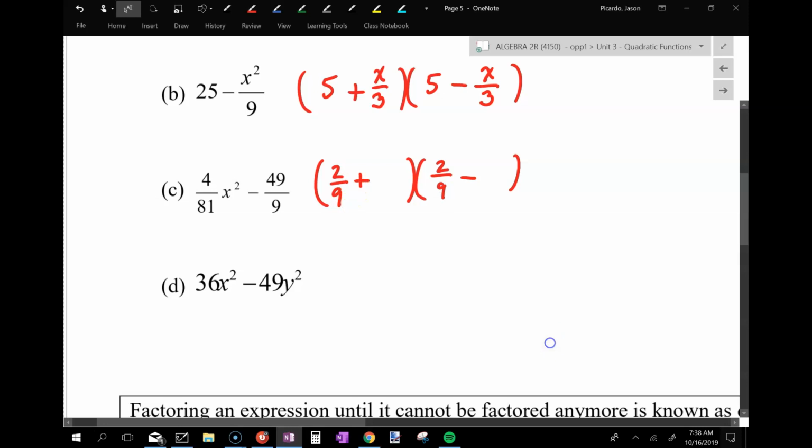X squared? And then what? 7 thirds, right? And then the last one, a little bit easier. 6x plus 7y. 6x minus 7y.